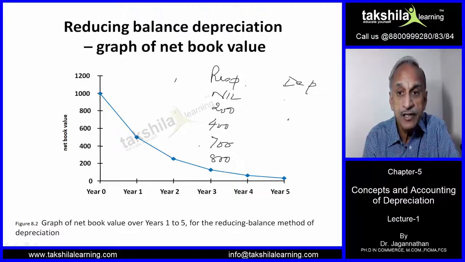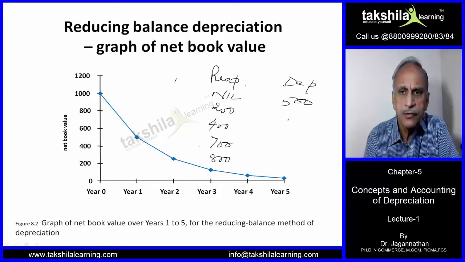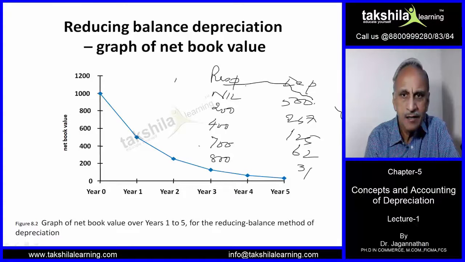Whereas depreciation, in case of machinery, will be 500. It was 250. It was 125. It was 62. It was 31. See? So if you look at a particular machine, the total expenditure remains 500, and it is 450.